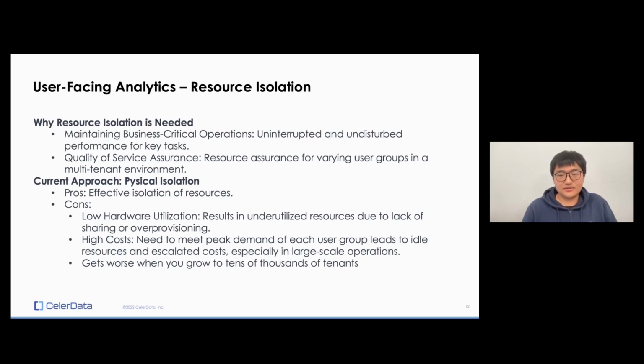The hardware utilization rate is low because everything's separated, and the cost gets really high because you have to maintain the peak demand of each user group at all times. It needs 20 gigs at some time, so you have to maintain 20 gigs at all times. And it really gets worse when you grow to tens of thousands of tenants. For each tenant, you need a separate physical machine, and that's a lot of money.